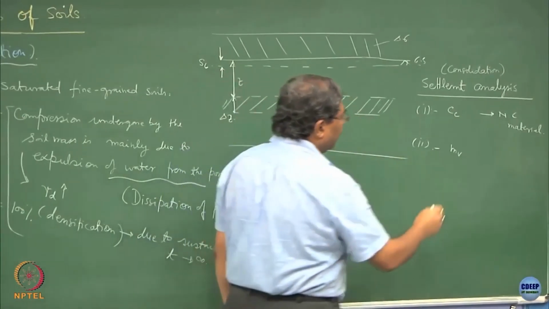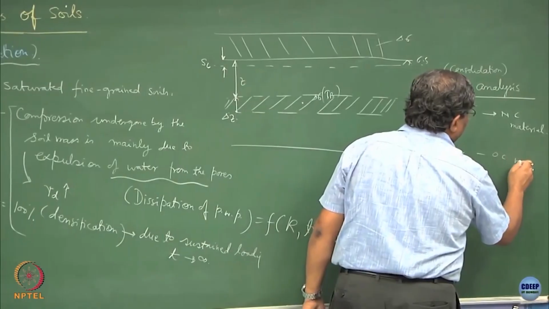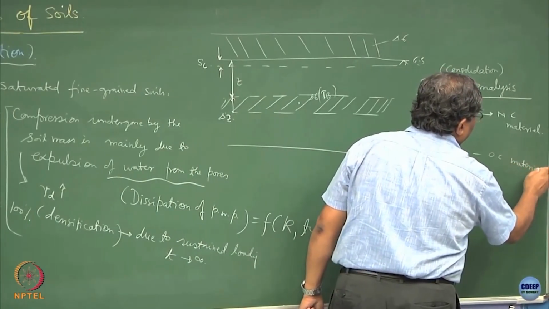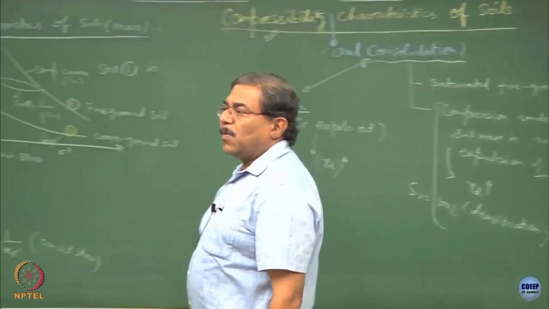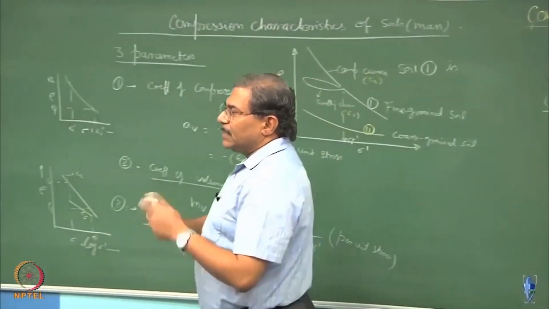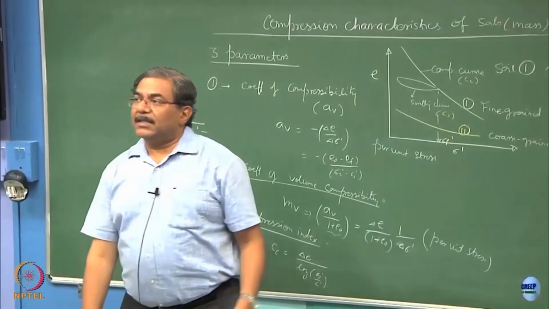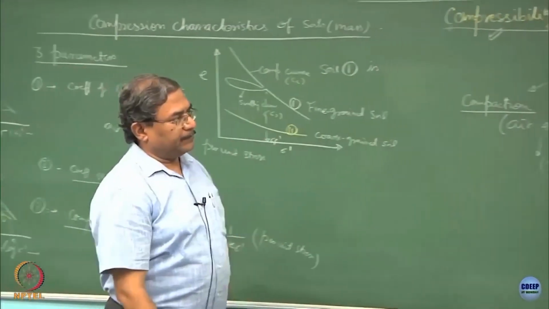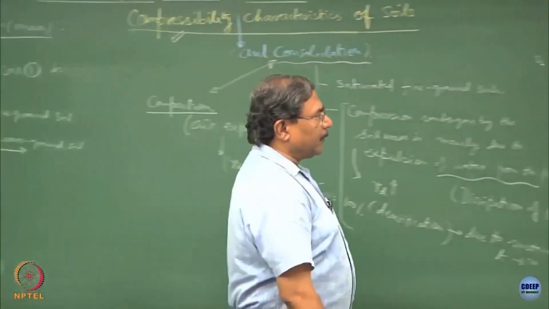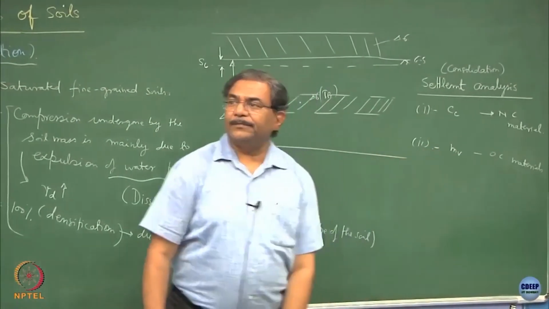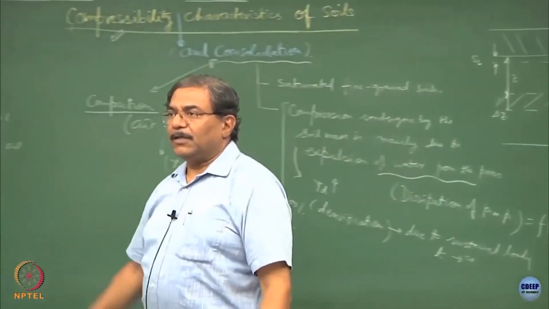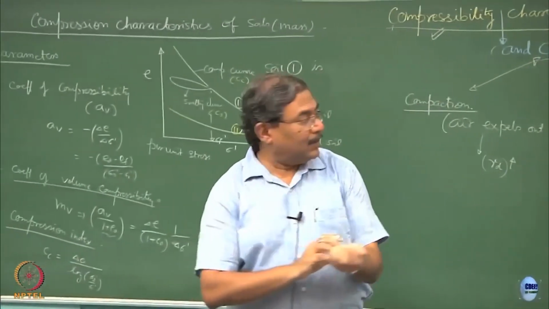So, this is normally used for OC materials. You should not goof up between the two. So, depending upon NC OC response, the settlements can be obtained. Is this part okay? Is this okay? Have you understood this? So, please never goof it up.